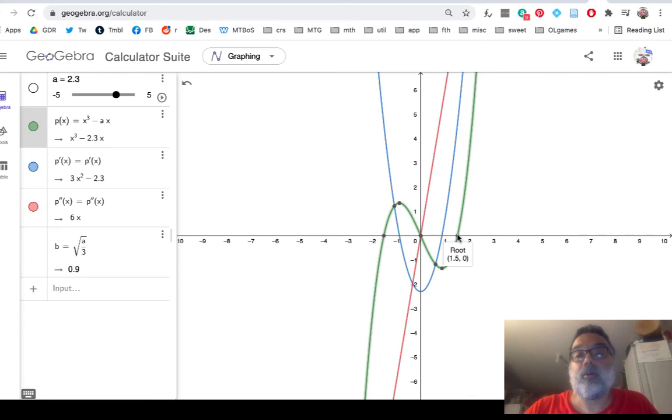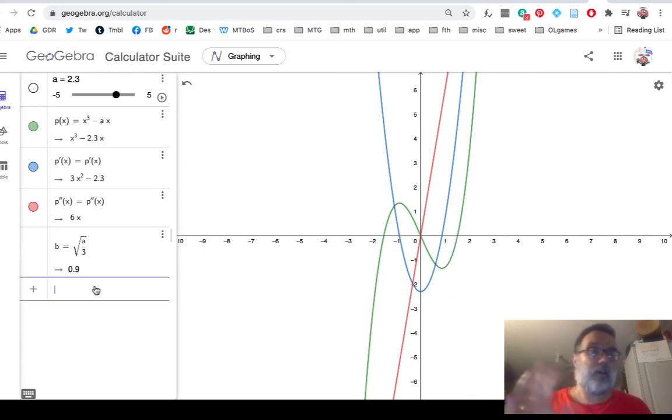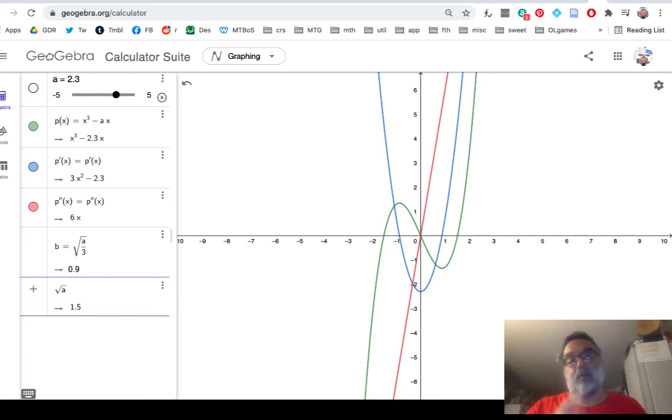And the root is at 1.50. Again, some rounding going on there. And we said that the root was going to be at the square root of a, and we get 1.5. Okay, so we're completely verified. We're justified. We finished an activity.